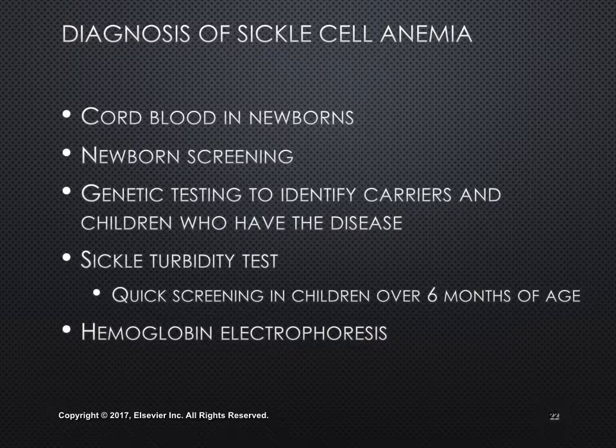And for that matter, even kids that are born at home, when they go to their pediatrician's office, also get the genetic testing done, or not so much genetic testing, but metabolic testing done. Genetic testing is done to identify carriers and the children who have the disease within the family. They can also do a sickle turbidity test, and it's a quick screening for children that are over 6 months of age. And then hemoglobin electrophoresis is a very specific test that looks for sickle cell.